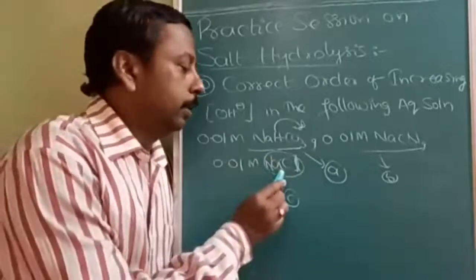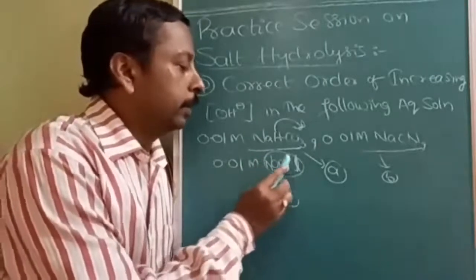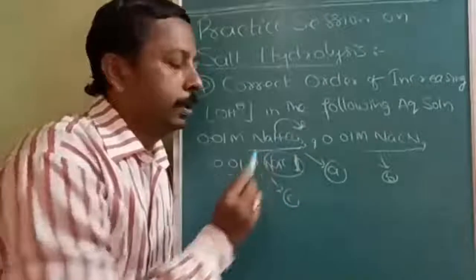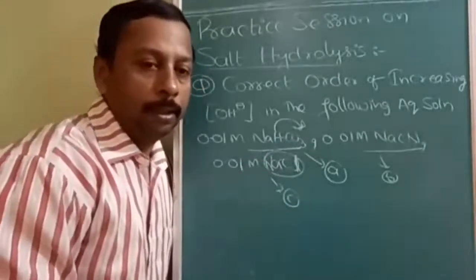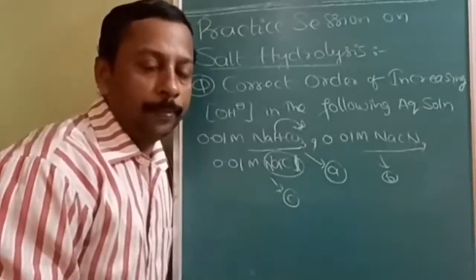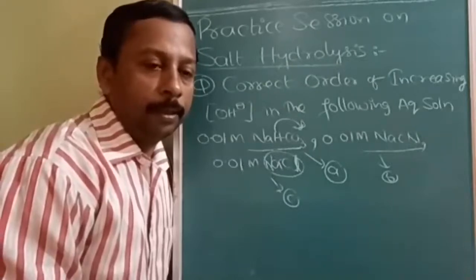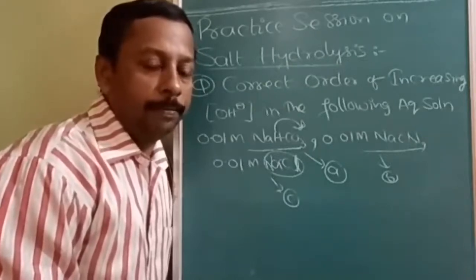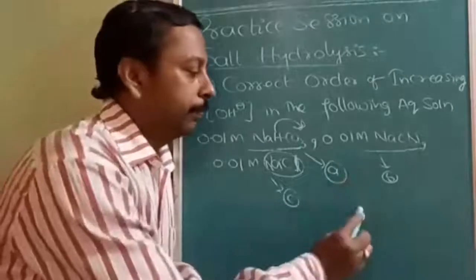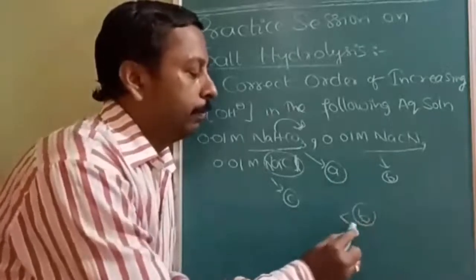So this is a strong acid. Now out of these, the stronger acid is H2CO3. So the stronger the acid, the lesser will be the pH. So highest pH will be of what? B. B will be the highest pH.